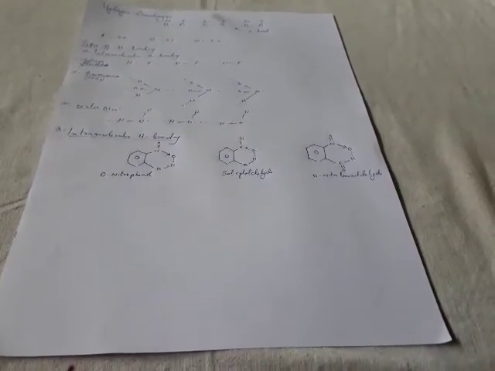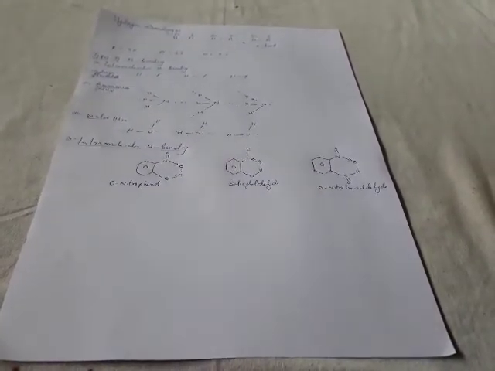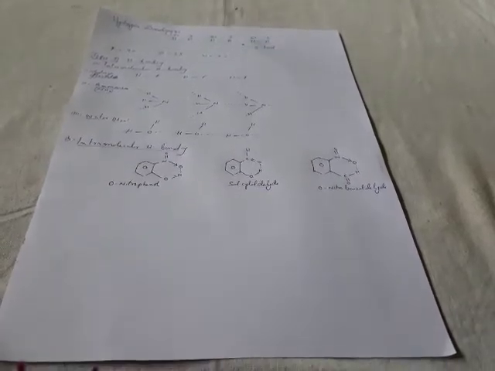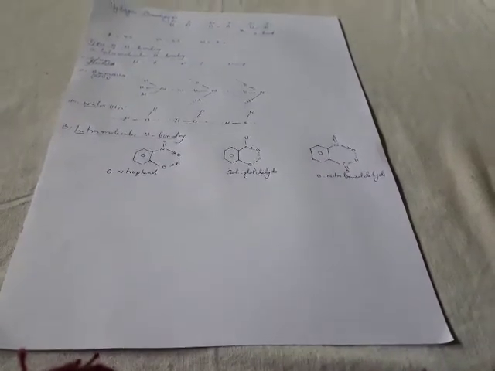And this electrostatic force of attraction, as I have told you, gives rise to the hydrogen bond. As far as its strength is concerned, since it is represented by the dotted line, the hydrogen bond is much weaker than a covalent bond, but it is much stronger than van der Waals interactions.